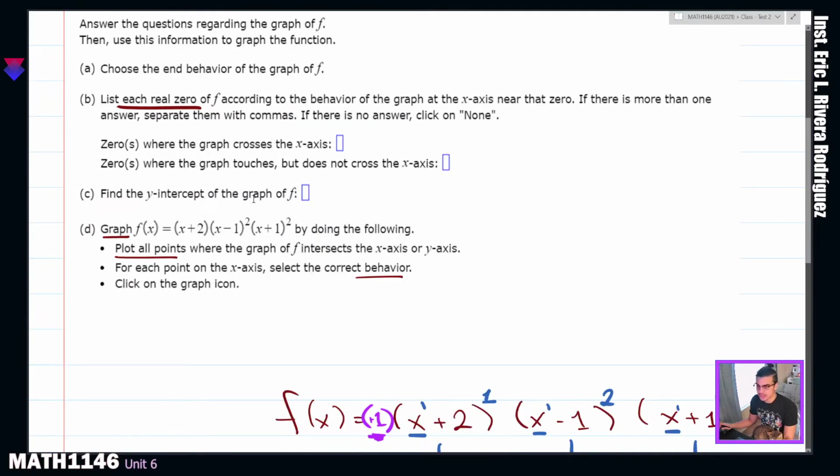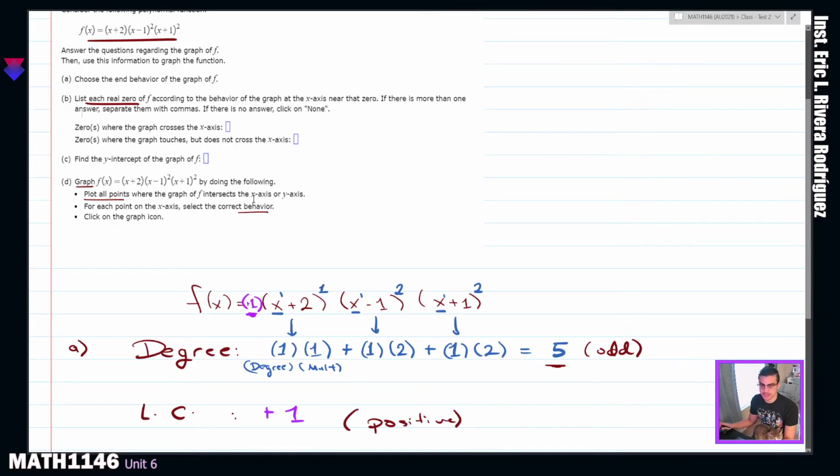If the degree is even, you will have a parabola shape.